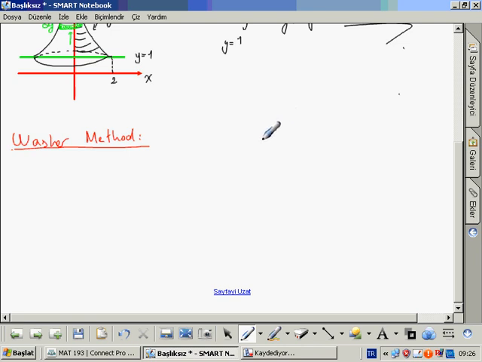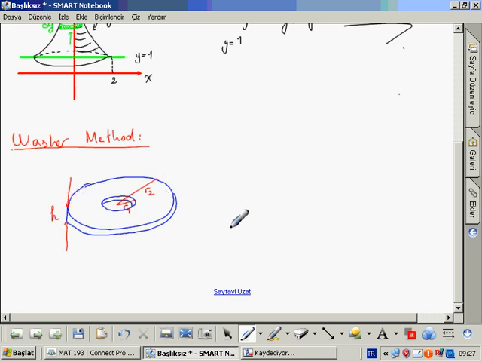If you have a circle or if you have a disk like that, this radius is R1 and this is R2, and here is a height which is H.